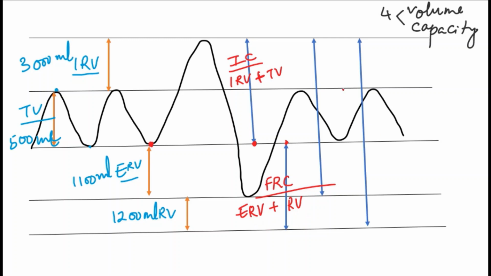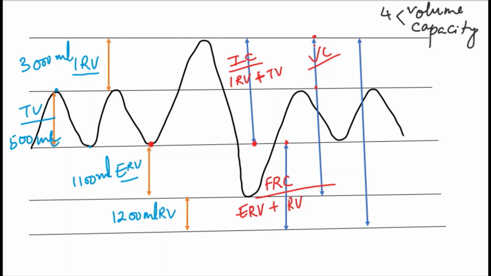The next is vital capacity. Vital capacity is the maximum volume of gas that can be expelled from the lung after maximum inspiration. You have taken maximum inspiration. This point is the maximum inspiration, up and above your normal inspiration. This is the normal end inspiration point.